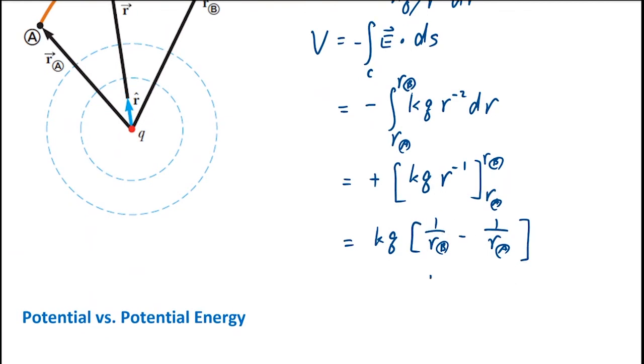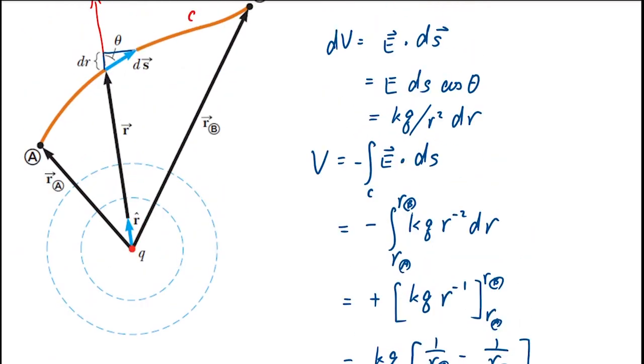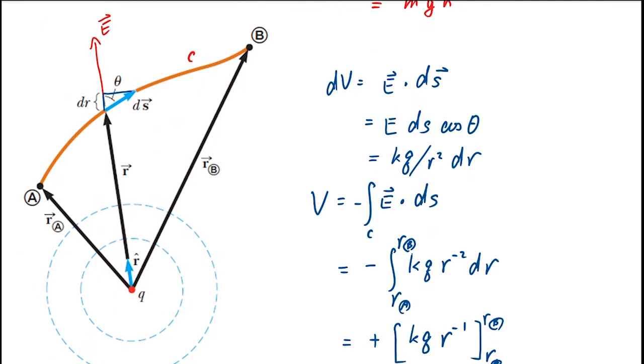For example, if this is 1/3, this is 1/4, let's say, and this is smaller, so it's a negative quantity. We get negative potential. And then when we multiply this by the Q naught, then we get negative potential energy. Is that okay or not?